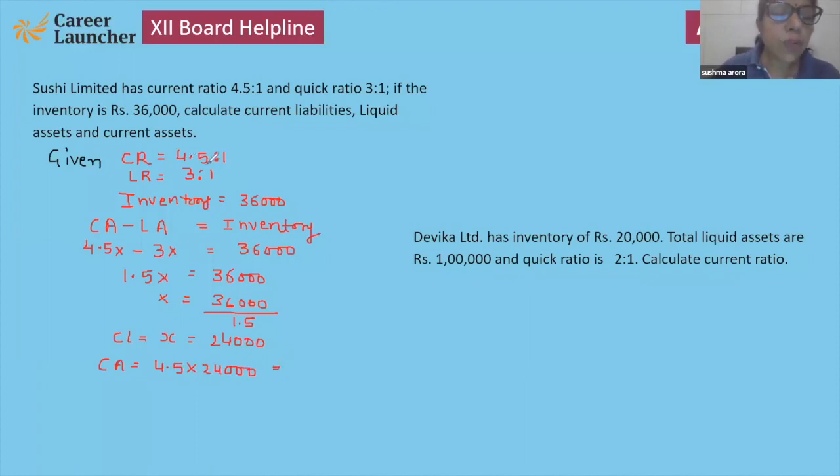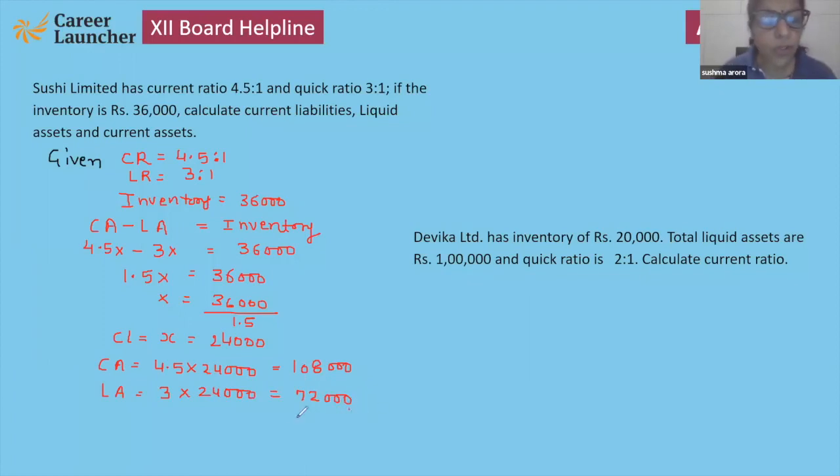Because this is 4.5x. So current asset is equal to 4.5 into 24,000. That will be 1,08,000. And liquid asset, or we can say quick asset, is 3 into 24,000. That will be 72,000.